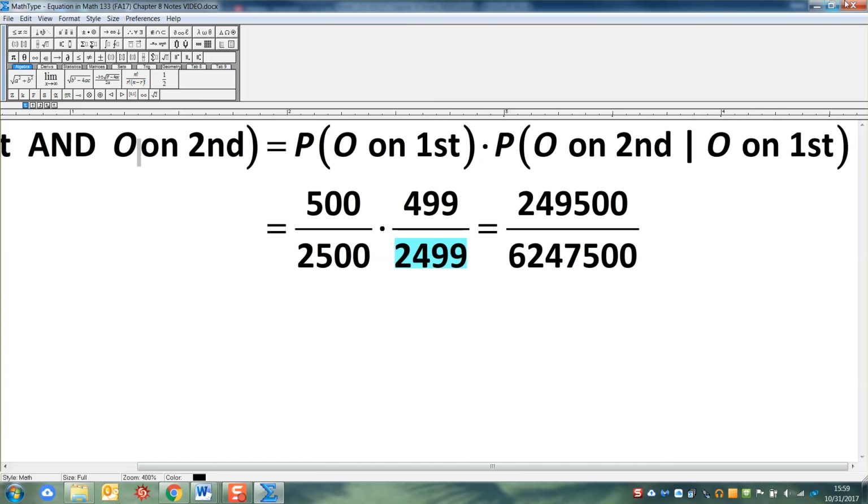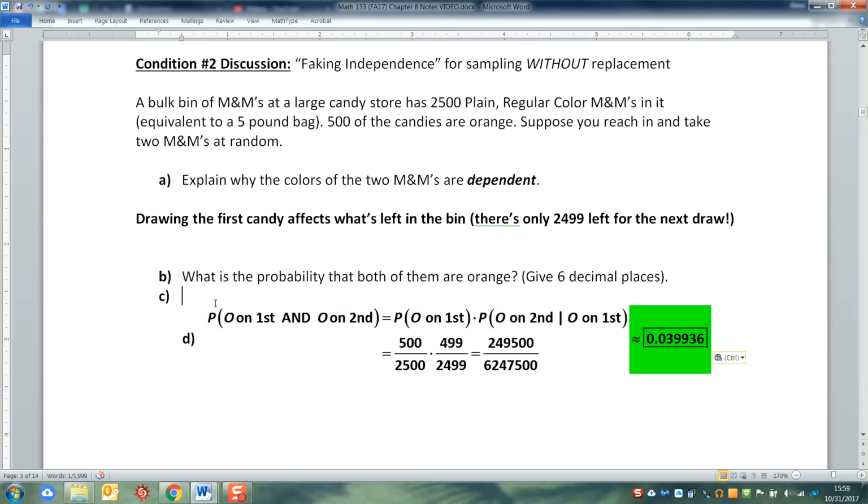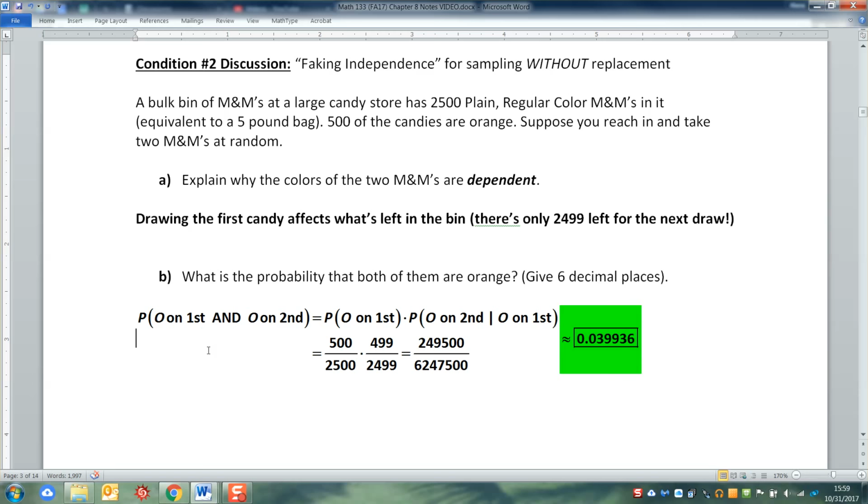I'll just use my calculator, because those numbers are atrocious, and get an answer of 0.039936. So that's the probability that both of them are orange.